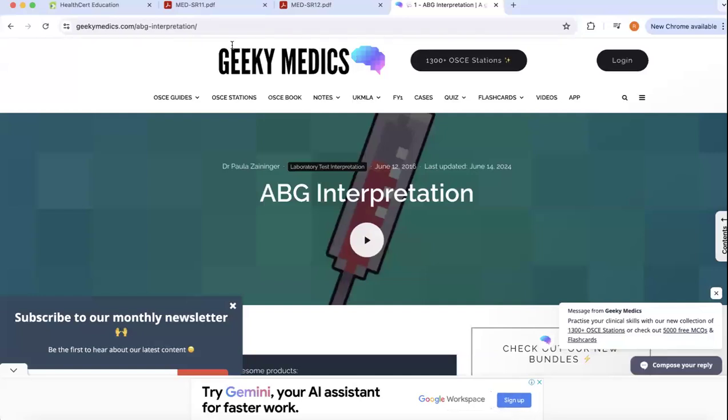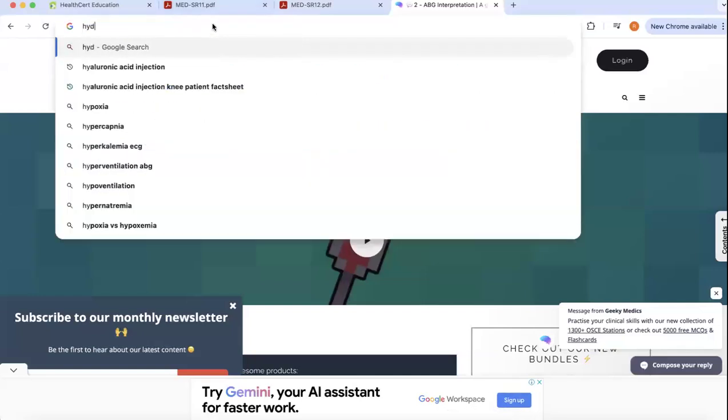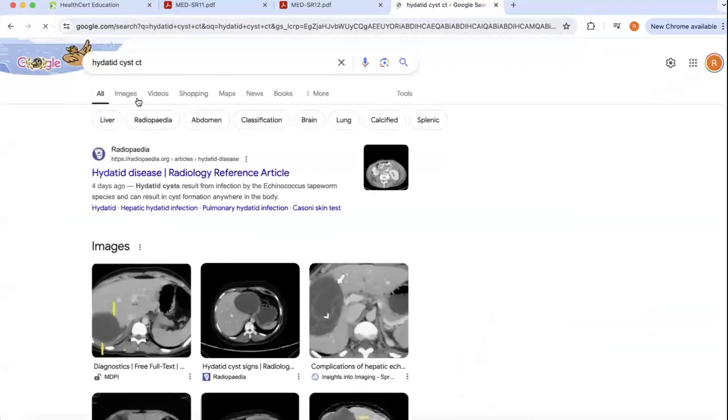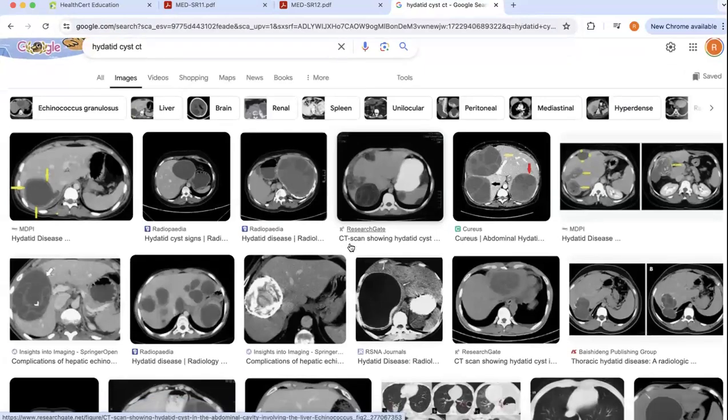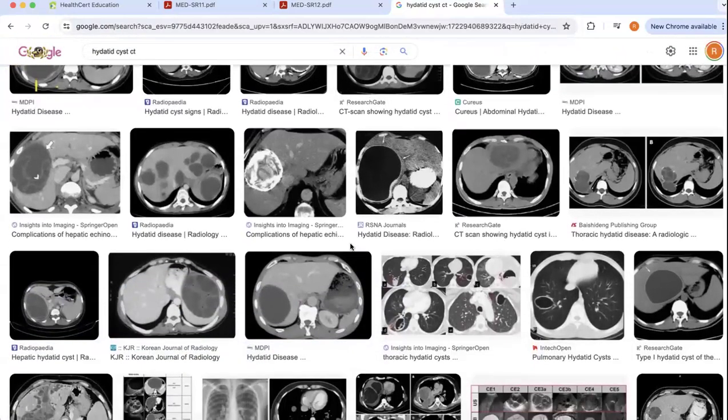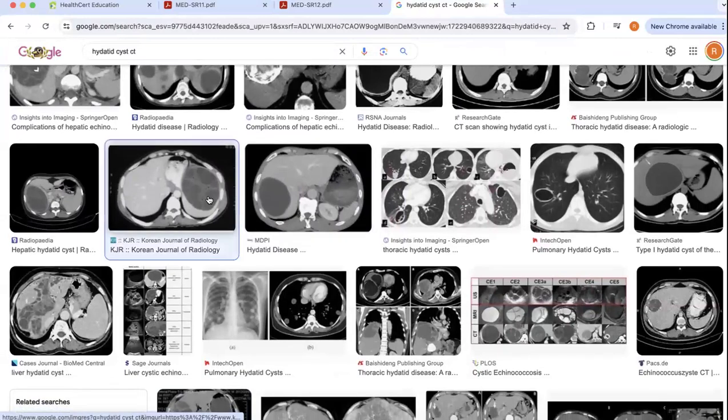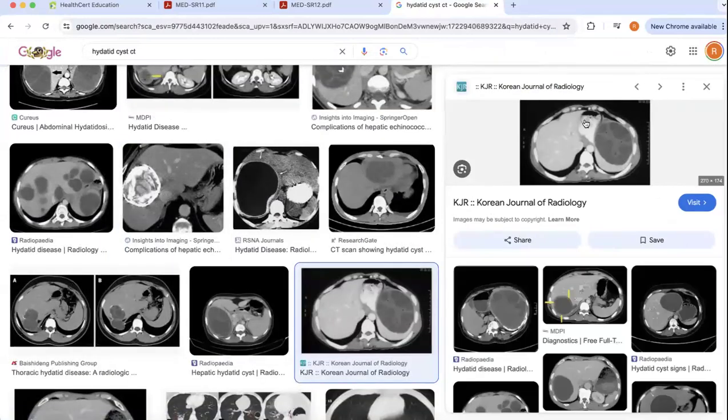Let me see if I can show you from the Google. If you look over here, that's the lung.